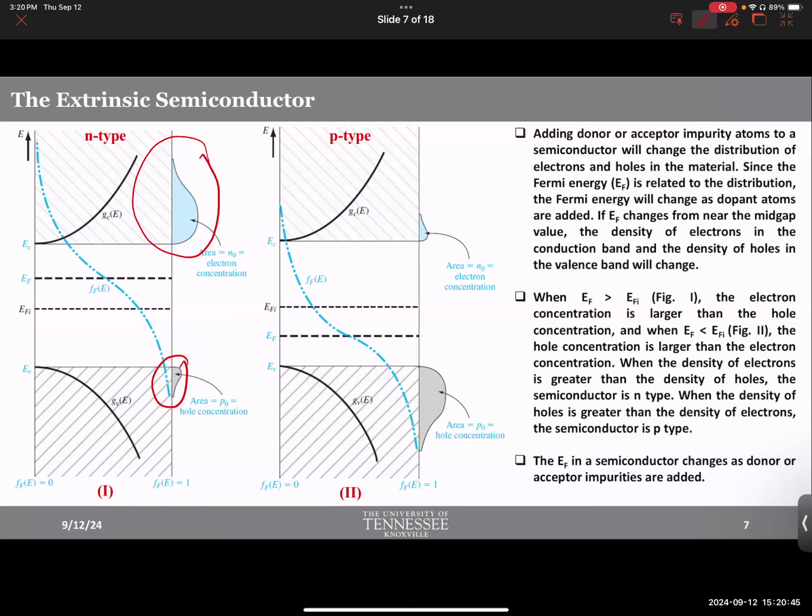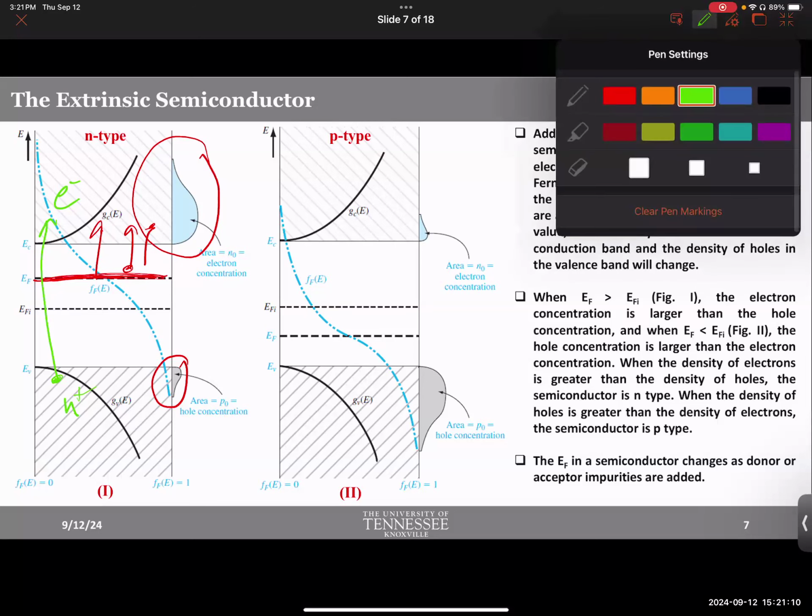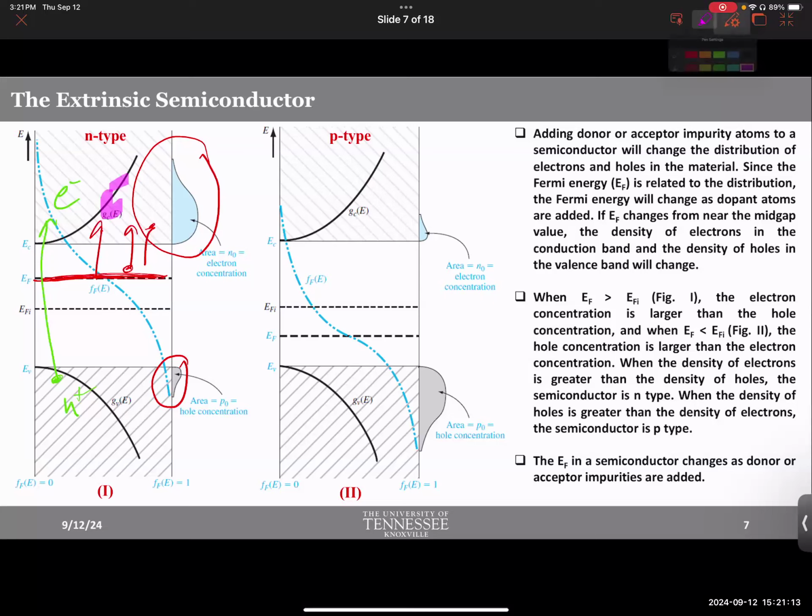Again, people, especially in engineering, love to use math to express simple things. I could have explained that verbally. If you dope a material with an N-type dopant, obviously you'll create more electrons in the conduction band than you could have otherwise created in pairs. When you were creating electrons in pairs, the number of holes and number of electrons were equal. Now, if you create more electrons by doping, obviously you end up with more electrons than holes, right?